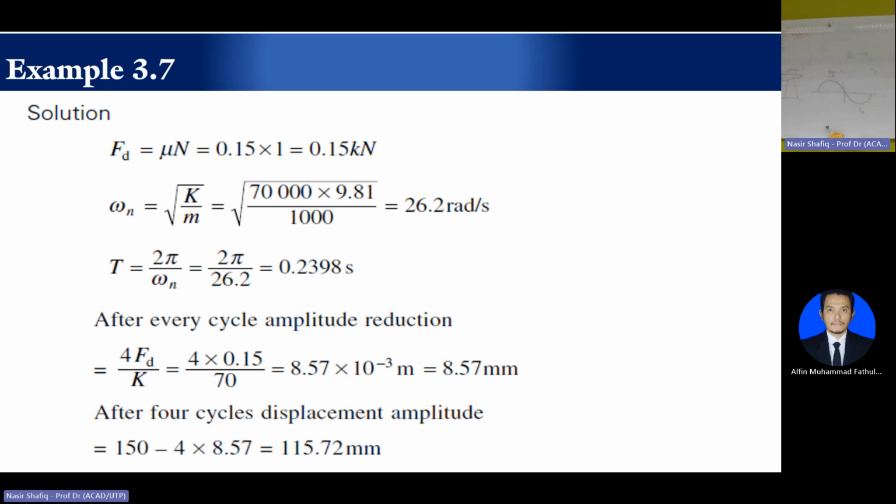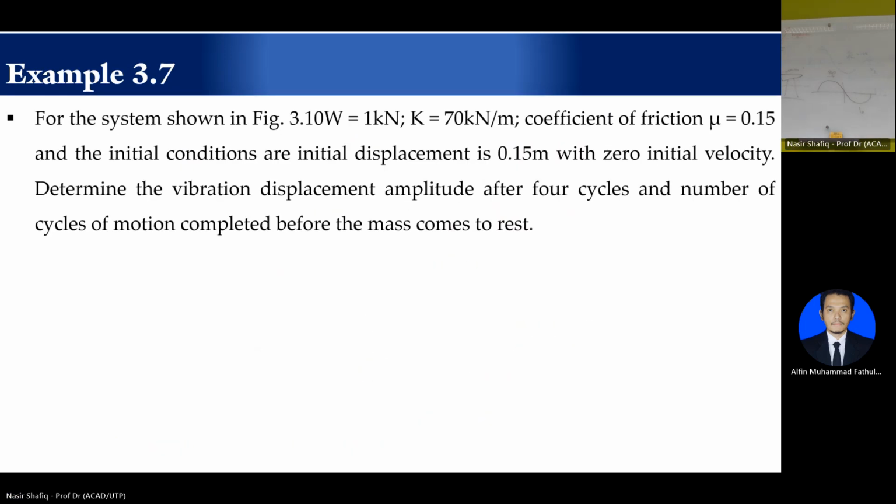So each half cycle. W is equal to 1 kilonewton, K is 70 kilonewton per meter, the coefficient of friction is 0.15, and the initial conditions are: initial displacement is 0.15 with zero initial velocity, so x naught is 0.15 and x dot naught is zero.